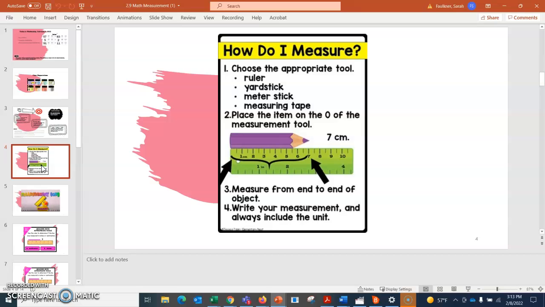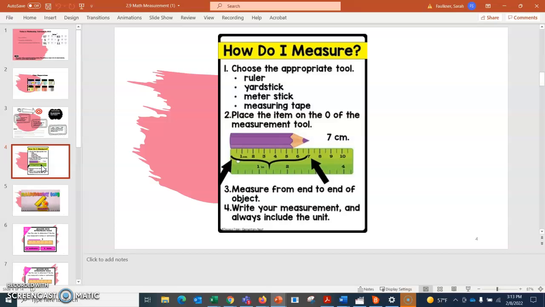You want to use the correct tool because if you wanted to measure something like a bus, you don't want to take a little bitty ruler and measure the bus when you could use a yardstick and measure it 3 times as quickly. Okay? It would take you a whole lot longer to measure it with a ruler.